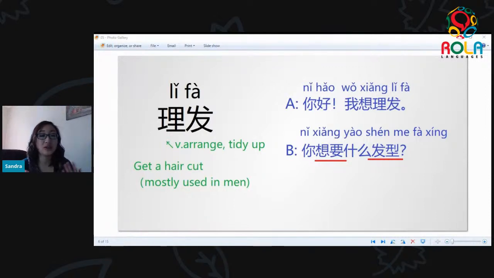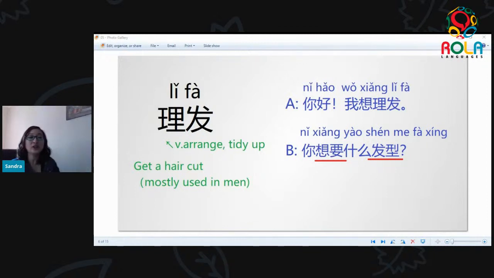So if you're a guy and you want to go to a barber shop, you should probably use the phrase 理发. 理 actually takes from the word 整理, which means to arrange or to tidy up. So 理发 also means get a haircut, but it's usually used for men, like if you go to a barber shop.